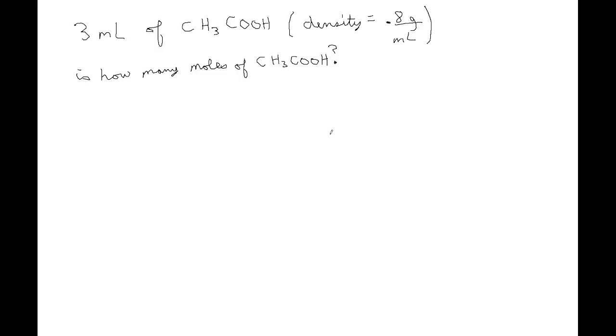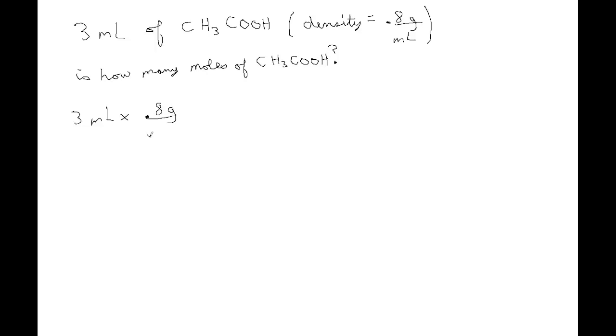Okay, well, we have 3 milliliters CH3COOH. And then we can multiply it by 0.8 grams per 1 milliliter to get the milliliters to cancel.